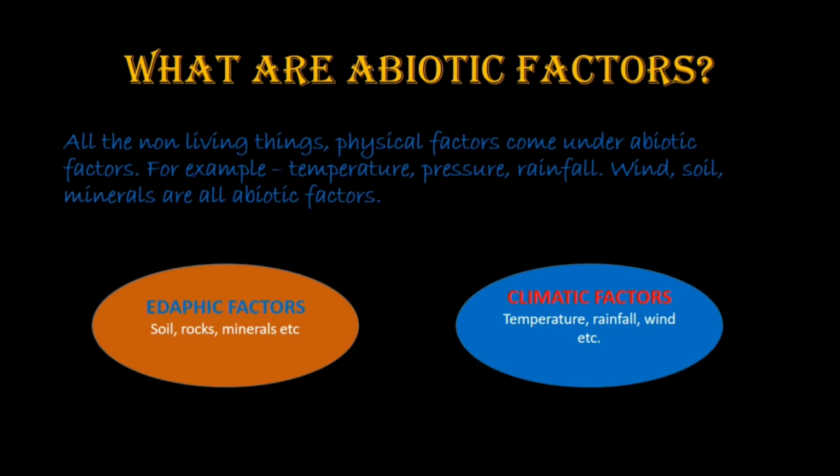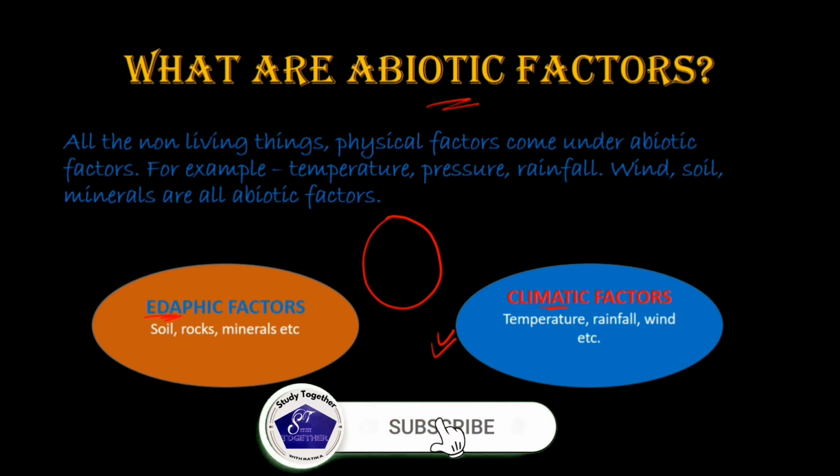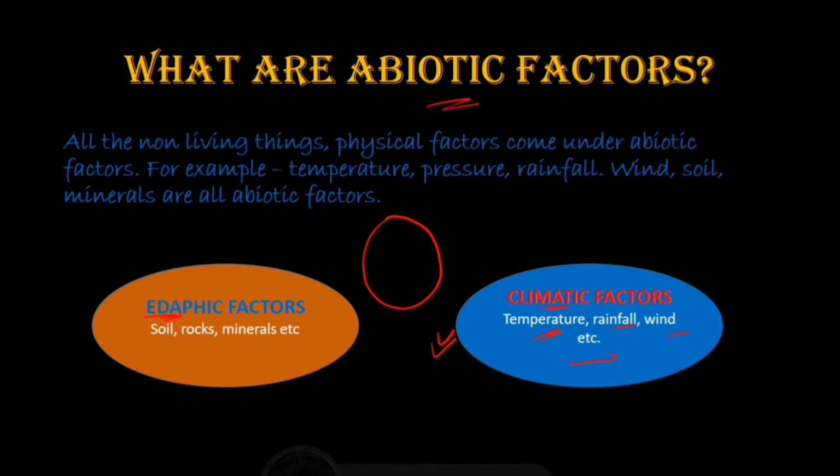Now let's see what is abiotic factor. In an area, whatever number of non-living objects are present, all of them are termed as abiotic factors. Now these are of two types, edaphic factors and climatic factors. Climatic factors are regulated by the climate. For example, the temperature of an area, rainfall, wind, pH, etc. All of these things are climatic in nature.